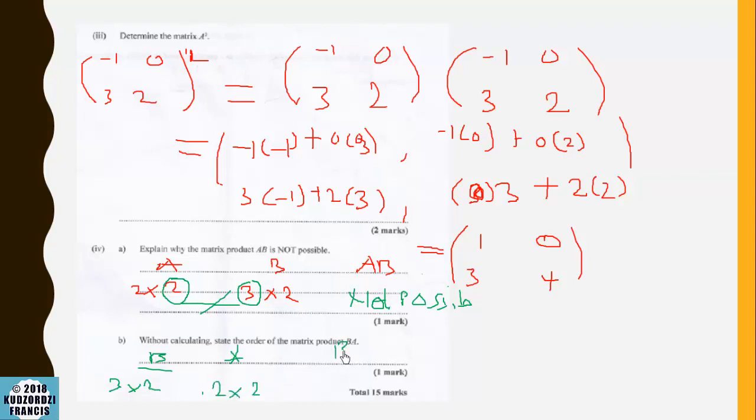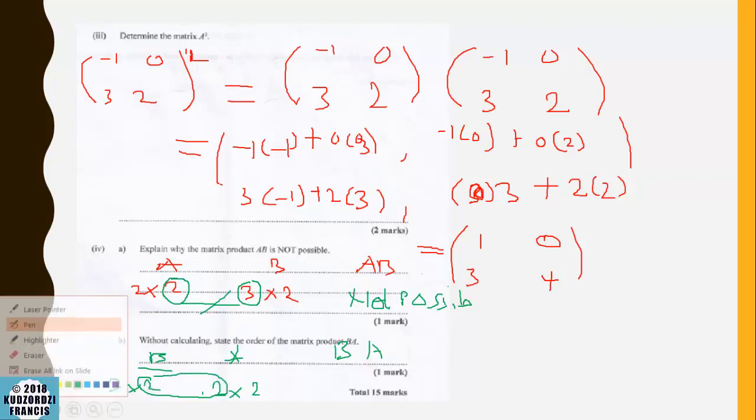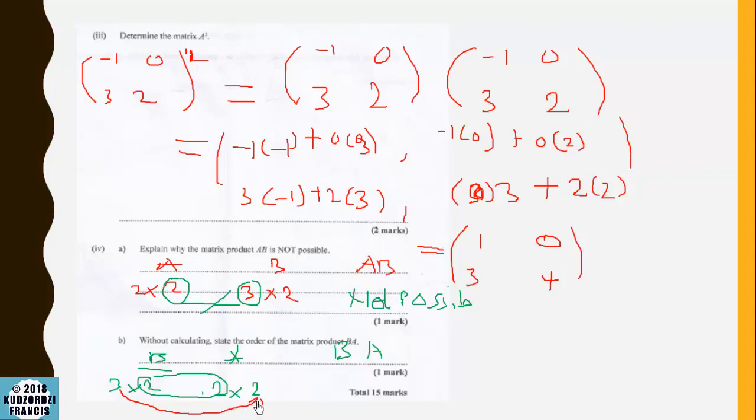So BA is possible. Now the dimension or the order of the resulting matrix is 3 by 2. A 3 by 2 matrix.